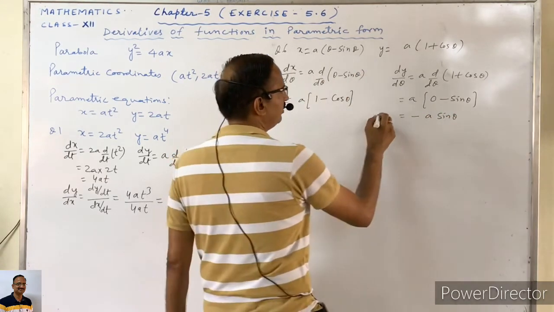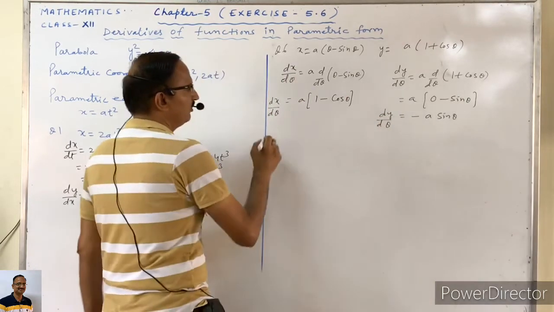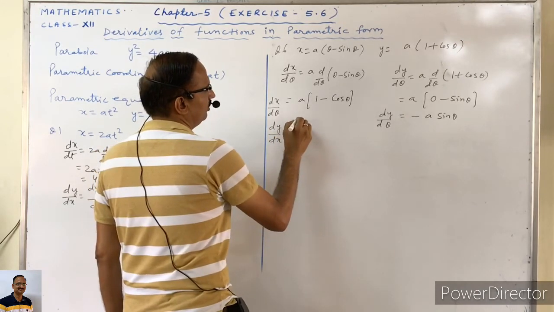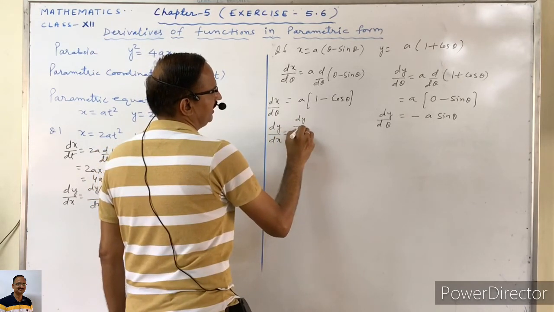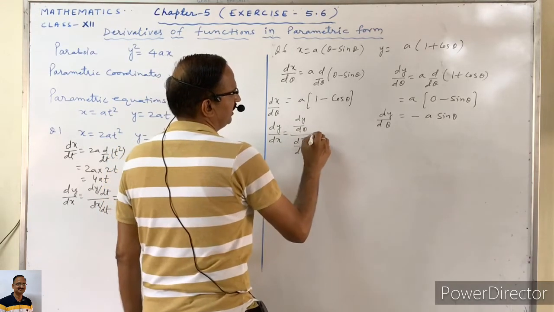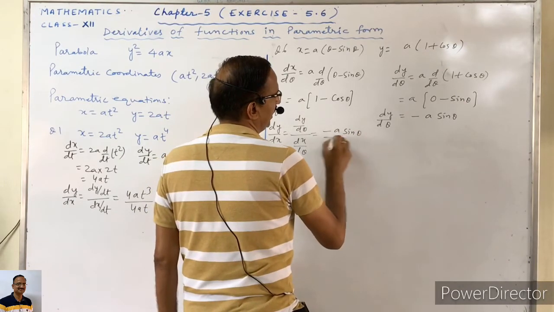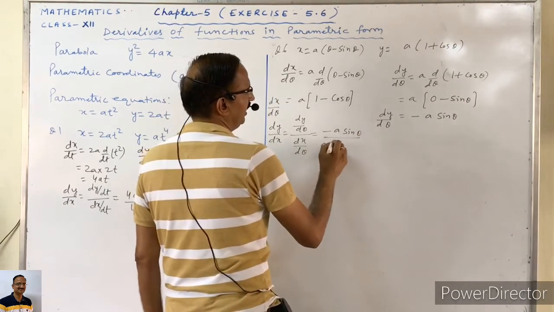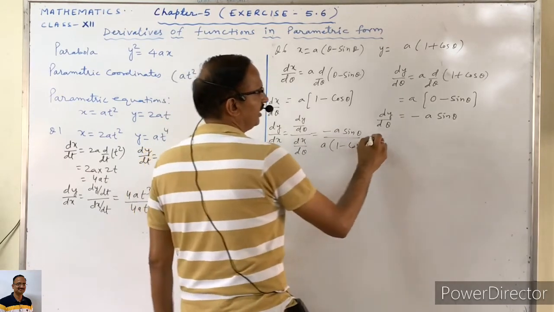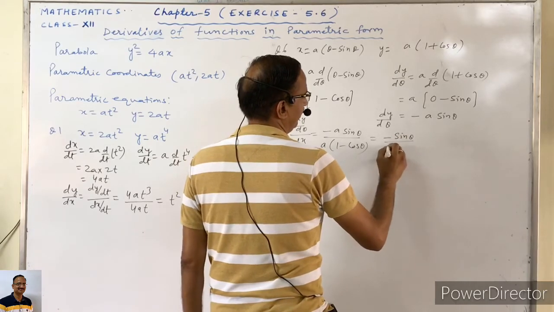So this is the value of dy by d theta. Now we want dy by dx. So dy by d theta divided by dx by d theta, then we will get minus a sine theta, in denominator a into 1 minus cos theta, a and a cancel out, and we will get minus sine theta by 1 minus cos theta.